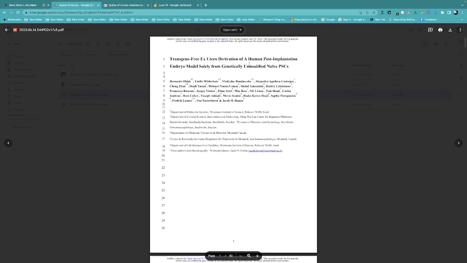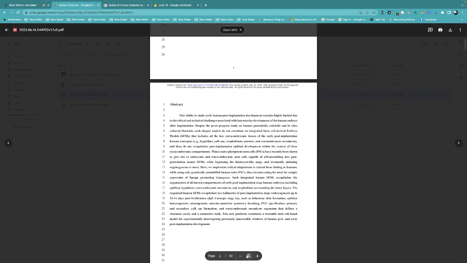So this first paper is called Transgene-Free Ex Utero Derivation of a Human Post-Implantation Embryo Model, solely from genetically unmodified naive PSCs, or stem cells, basically. We'll get into what that is in a little bit. This has a number of authors, including Jacob Hanna, who's done a lot of work on embryos and implantation in the past.